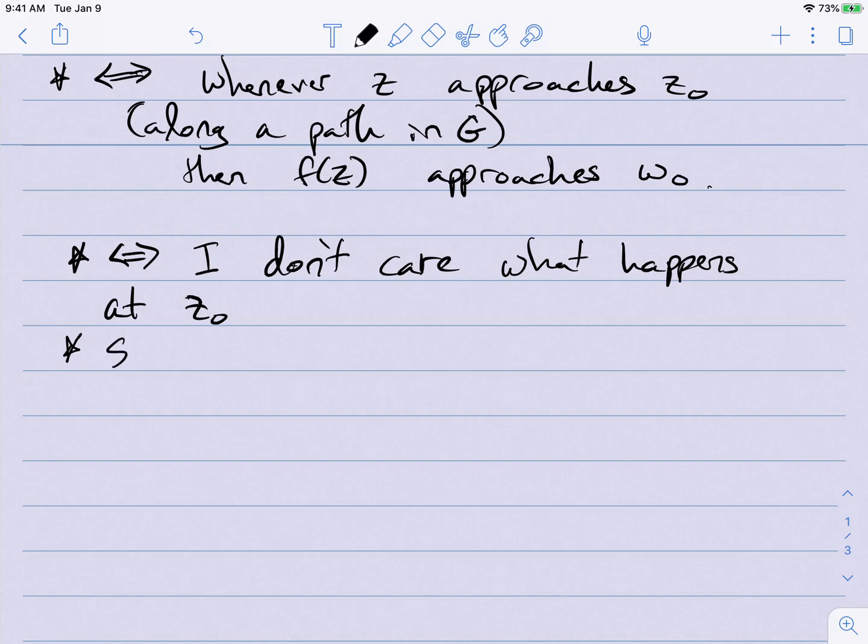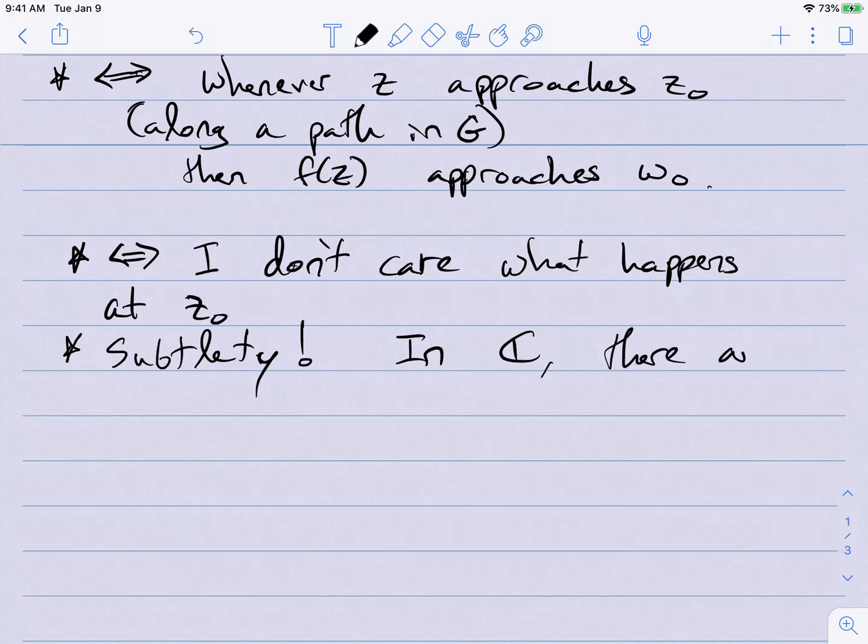And so one subtlety with this definition, which is new, you don't really see it in real analysis or in regular calculus. In the complex numbers, there are many, many different paths which go to a point z naught.